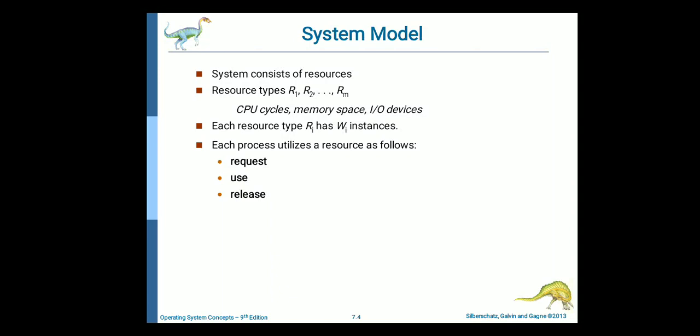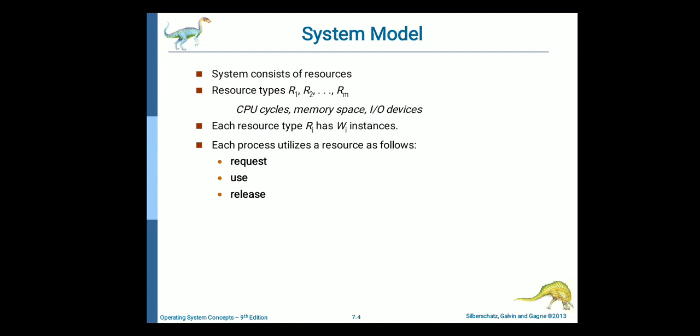A deadlock happens in an operating system when two or more processes need some resources to complete their execution that are held by other processes. In this slide we have a system model. In this model, multiple resources are shared by multiple processes.